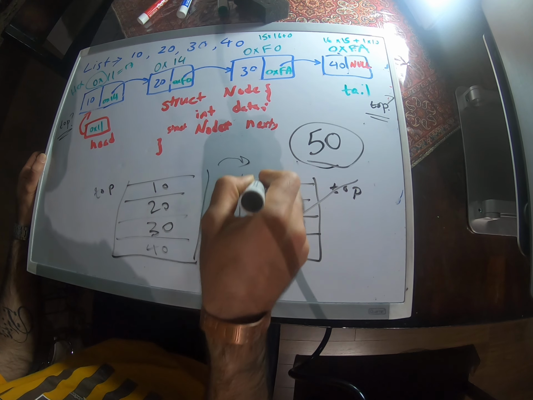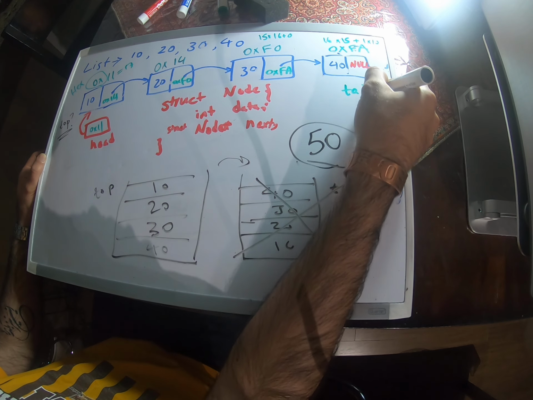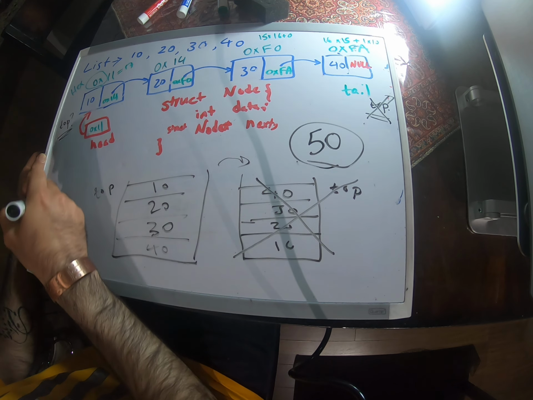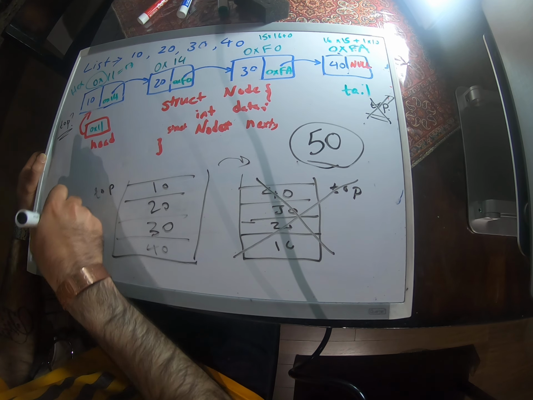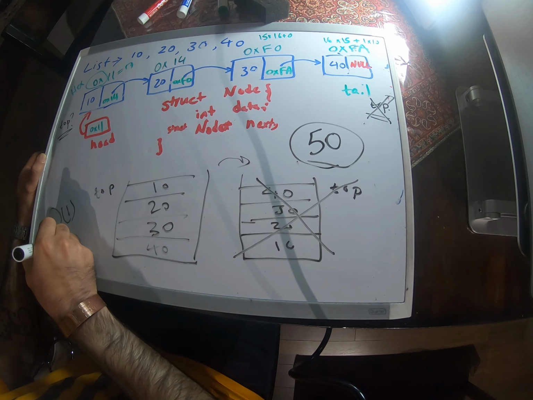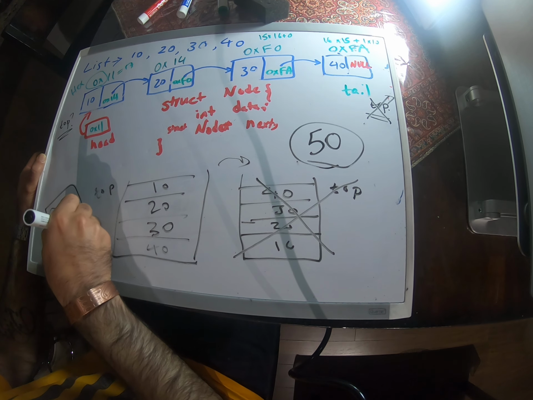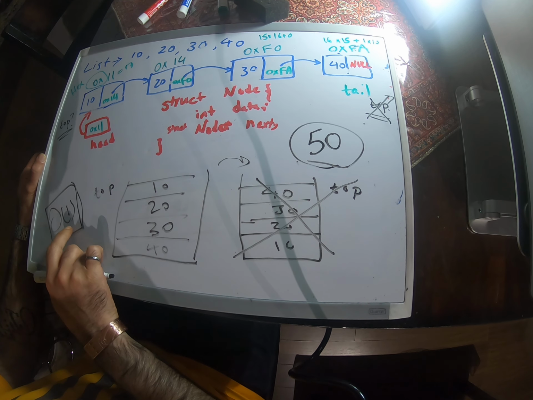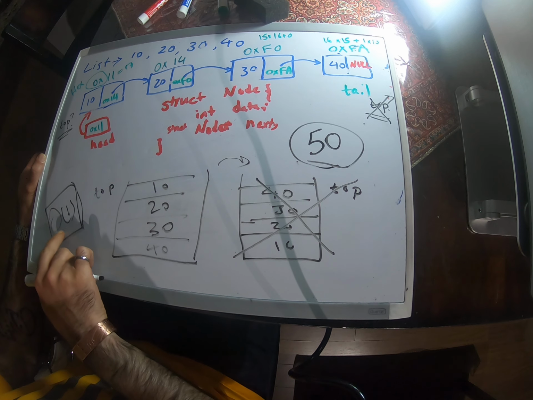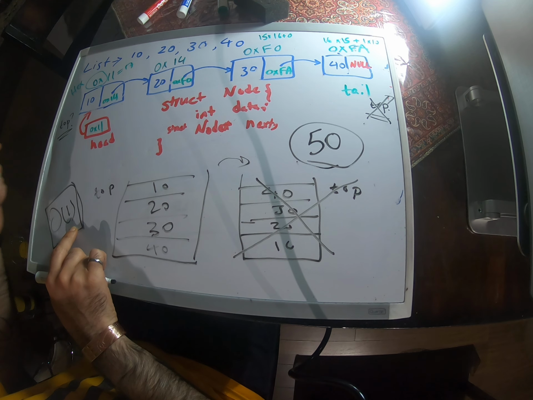So this is not the case, because I should say order of 1, not order of n. I made a mistake. If I made that mistake before in the previous video, I'm sorry about that. It should be order of 1, not order of n.